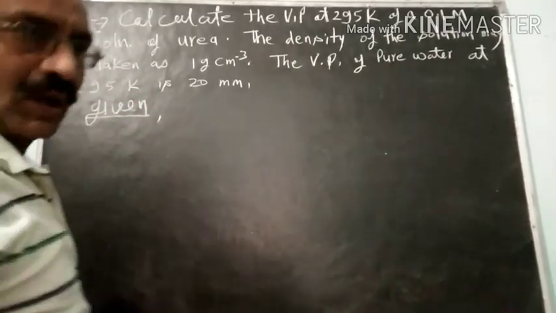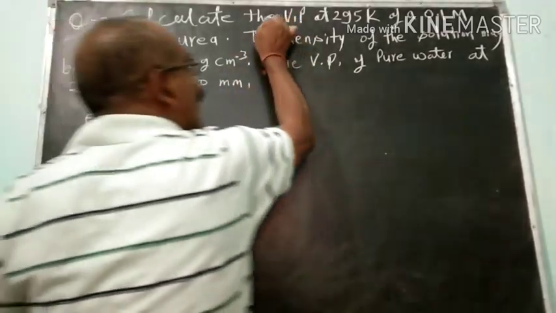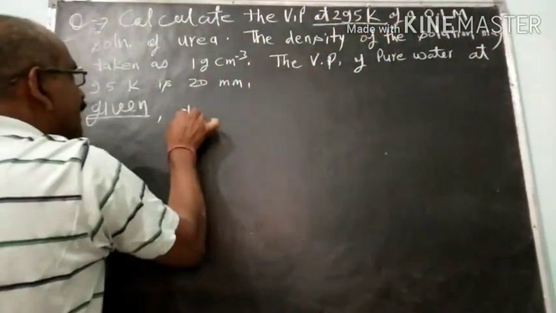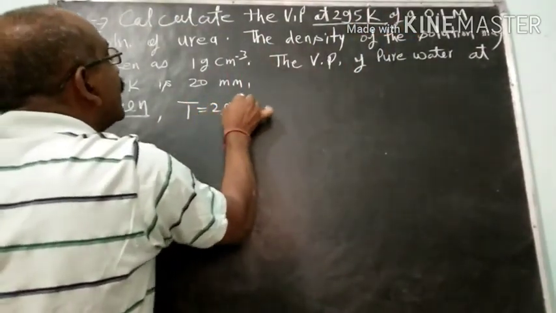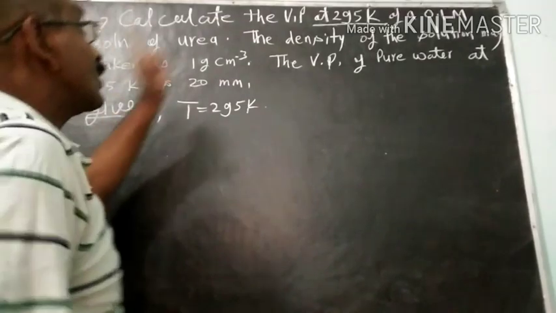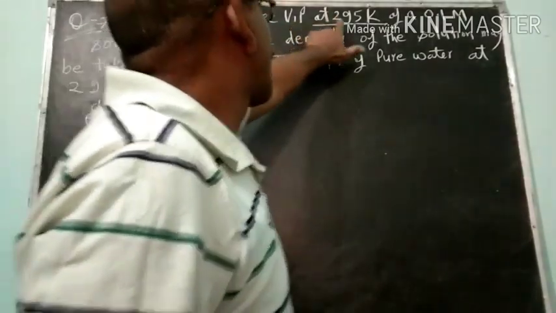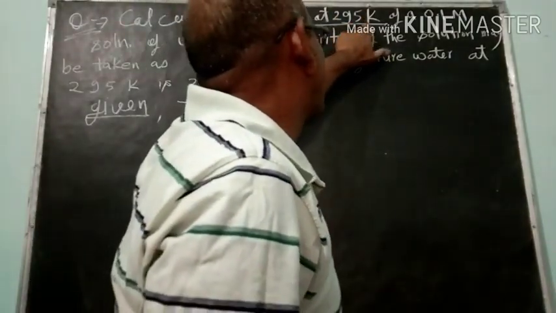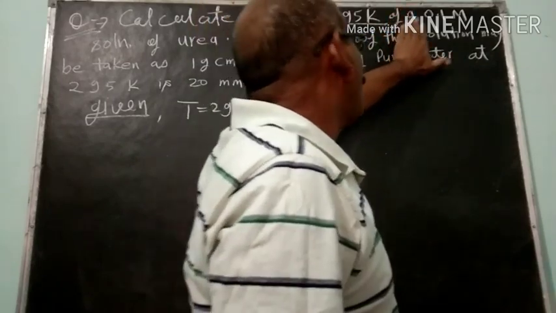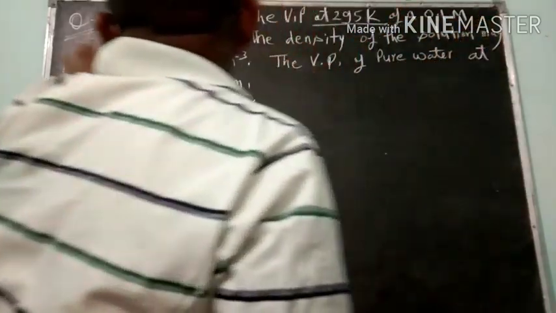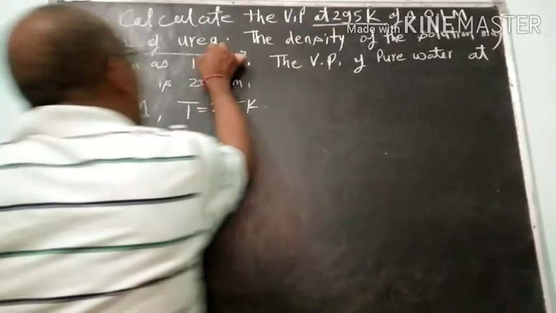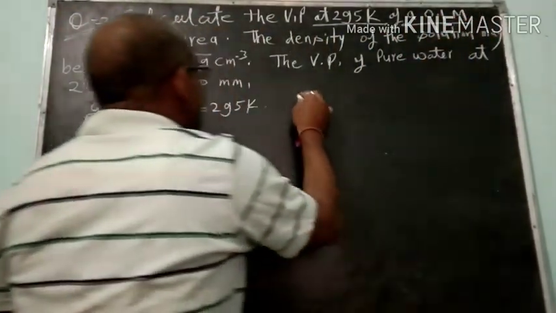What is given to us? Temperature is given. It is 295 Kelvin. So the vapor pressure at 295 Kelvin of a 0.1 m solution of urea.